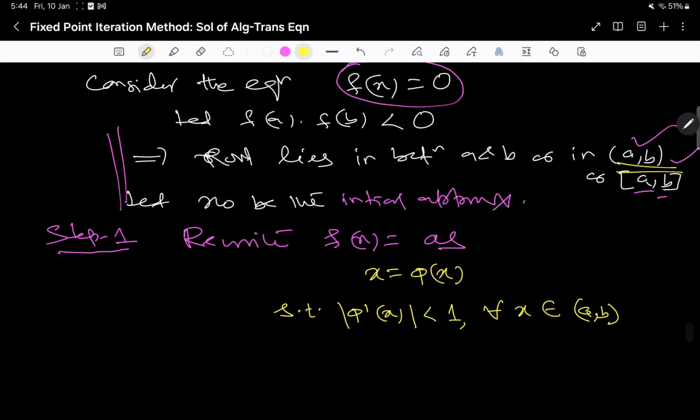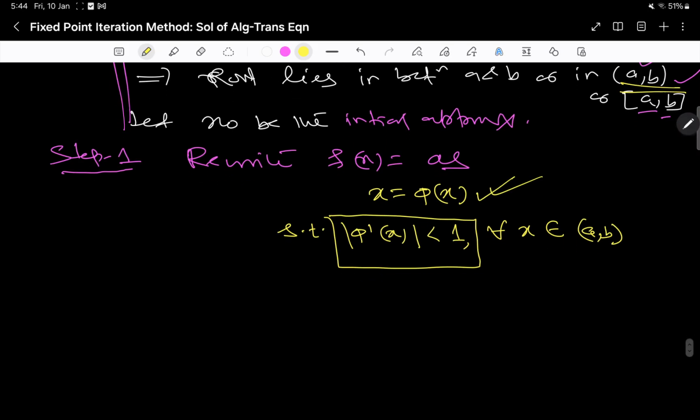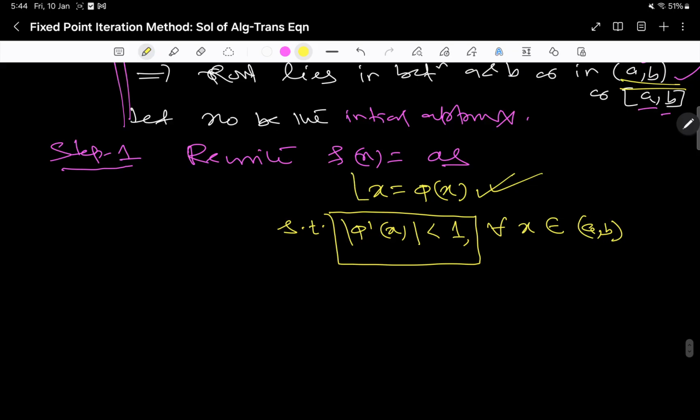The interval may be open or closed, depending on whether the function is defined. So if this condition holds, then only your answer will converge. Clear?